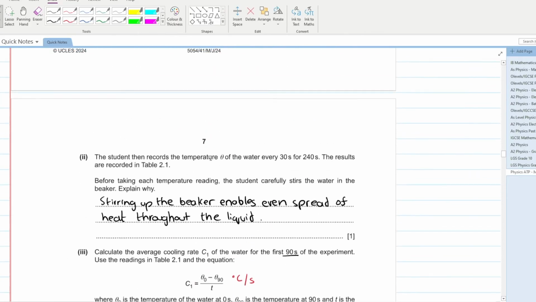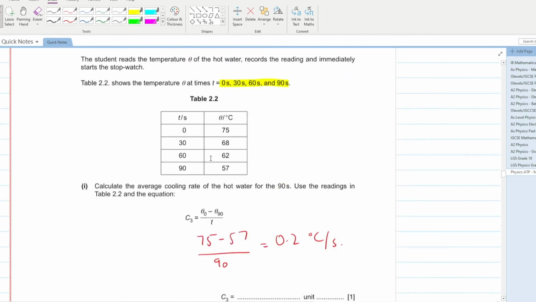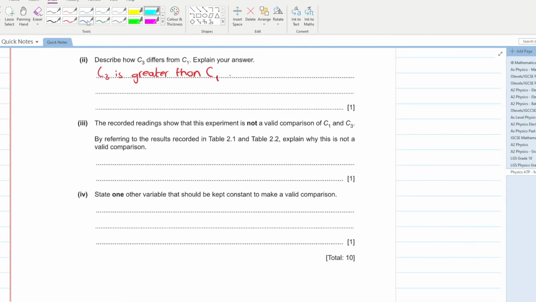In C1 and C2, there was no ice. So you will write here that ice provides a greater cooling effect in case of C3. Let's further move ahead.